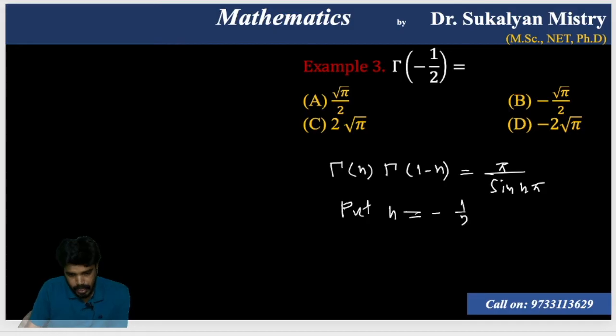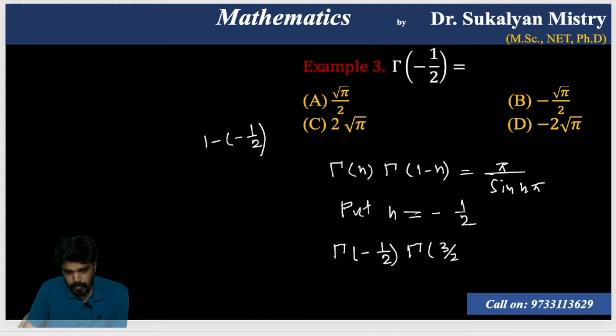So, we get gamma minus half into gamma 1 minus minus half, that is 1 plus half, that is 3 by 2. So, gamma 3 by 2, right.